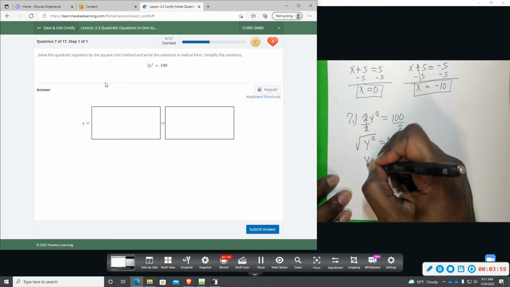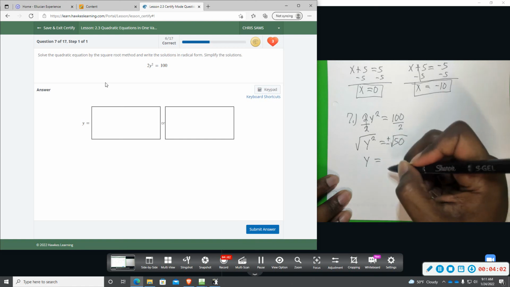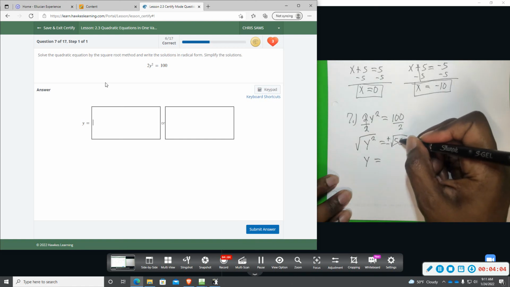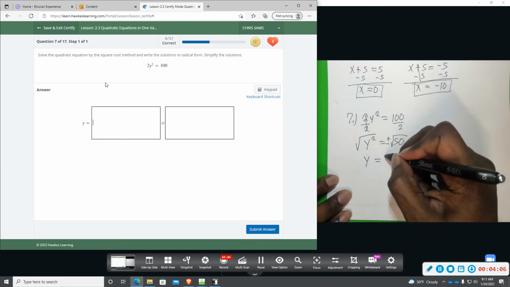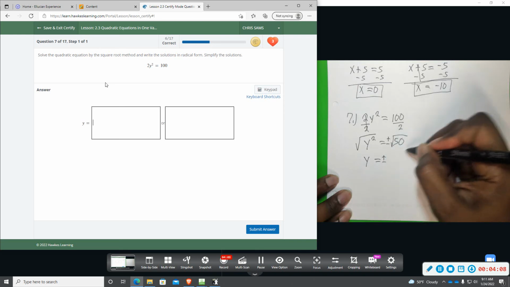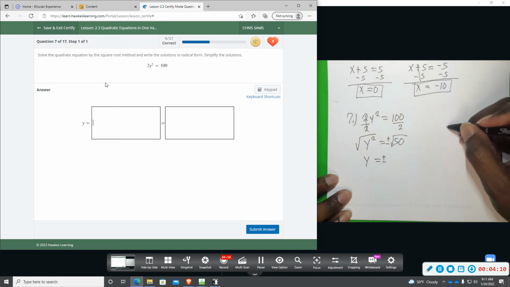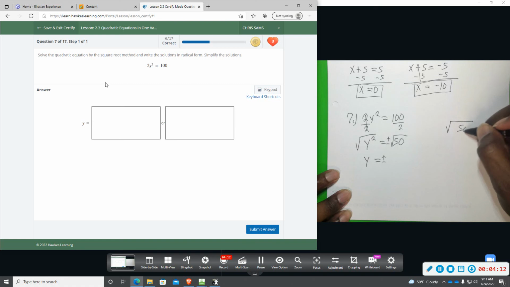So this will give you y equals, now 50 is not a perfect square, so we have to reduce that radical. Positive or negative, I'm going to do that on the side. 50 we can break down to 5 times 10, and then 10 we can break down to 5 times 2.